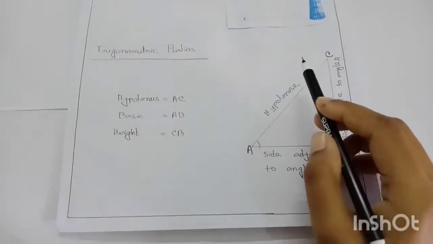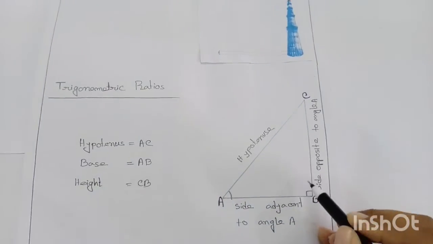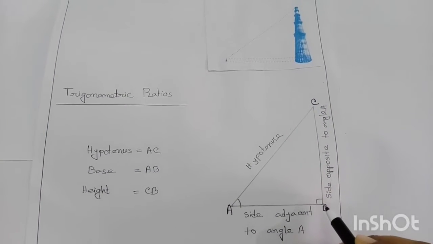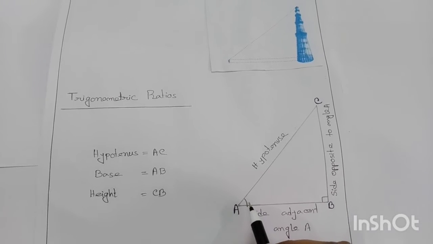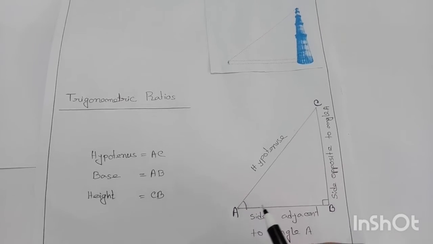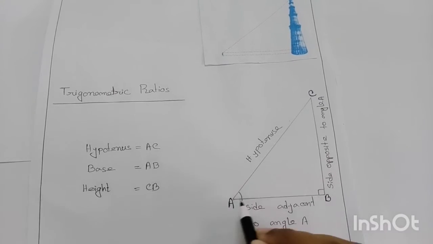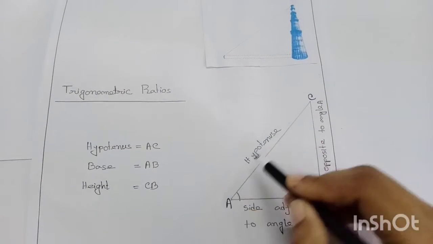So this is a right angle triangle, right? Here angle B, that is ABC, is the right angle, meaning 90 degrees, and angle A is an acute angle. This side is AB. The hypotenuse is AC.